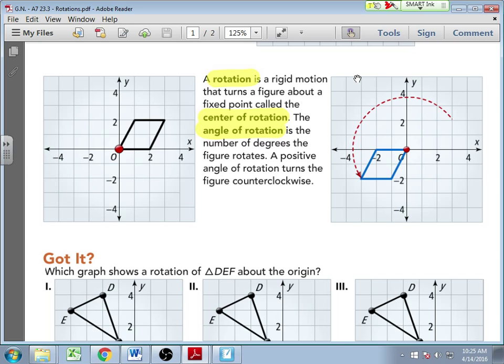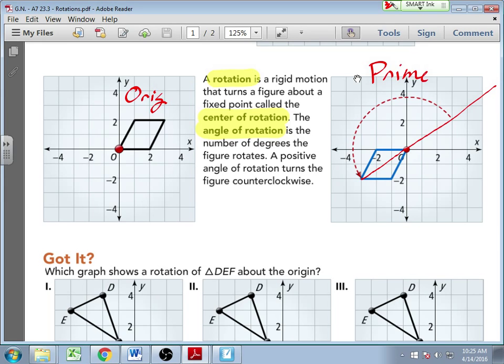Another way you can figure out this angle of rotation is draw a line through your center of rotation from the original point to my end point. How much rotation is happening here? 180. We can see because this is a straight line. If I had started here like it's showing and rotated all the way down around here, so this was my original and this is my prime.